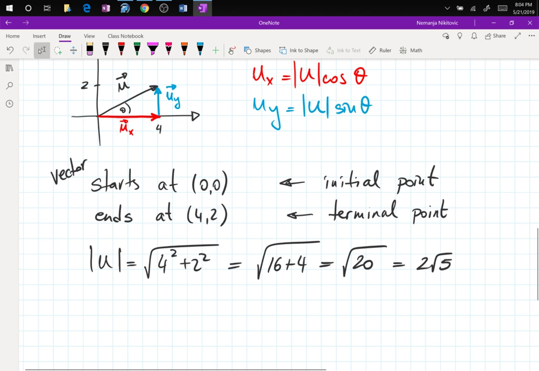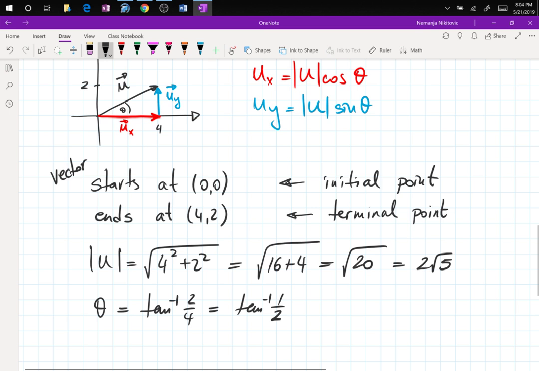They could be units of pounds or whatever. So my vector u has this magnitude, and we can calculate theta, which would be inverse tangent of 2 over 4, which is inverse tangent of 1/2.